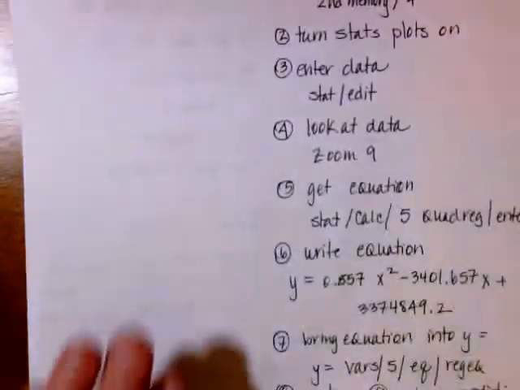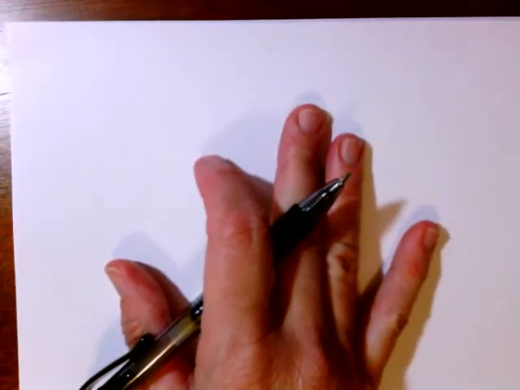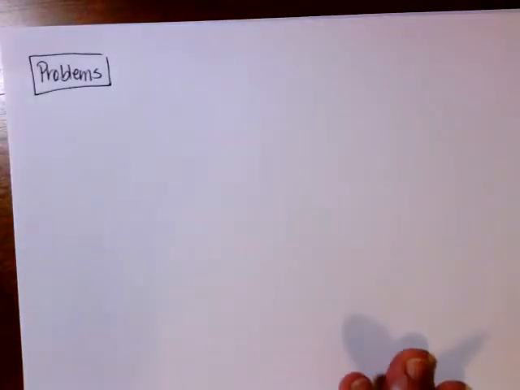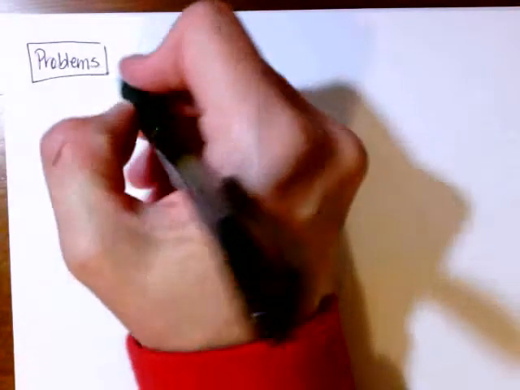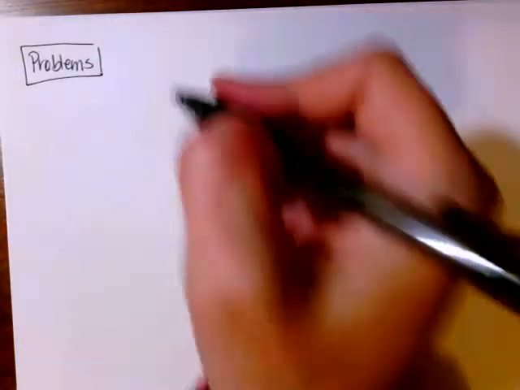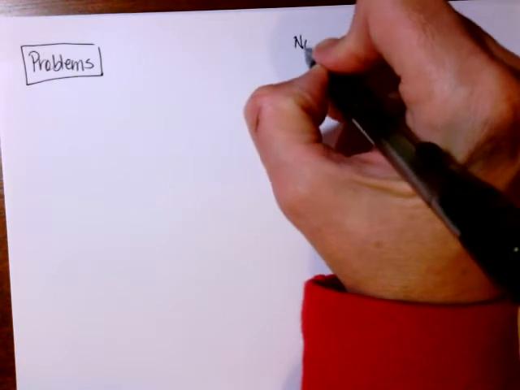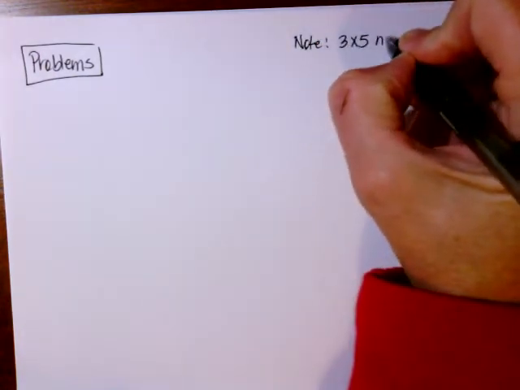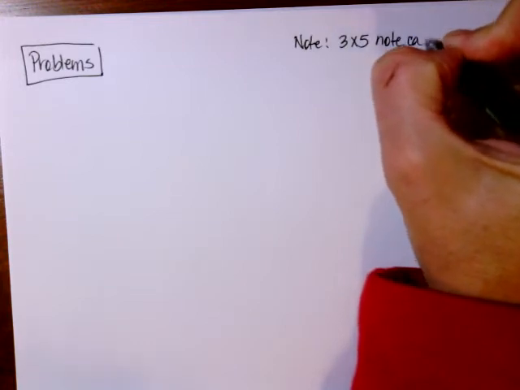All right, so that's the end of your video. Let me give you your problems. And I will be expecting you to be able to do the regression analysis on a quiz. I will probably allow you a 3x5, so I'm just going to put a little note over here on the side. You're going to be able to have a 3x5 note card for the quiz.